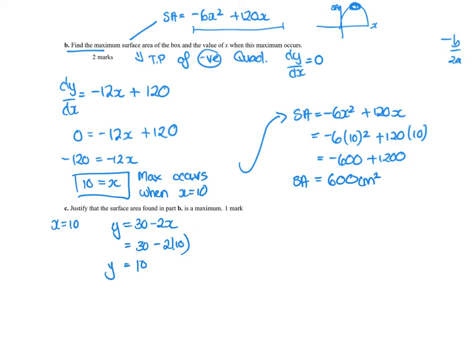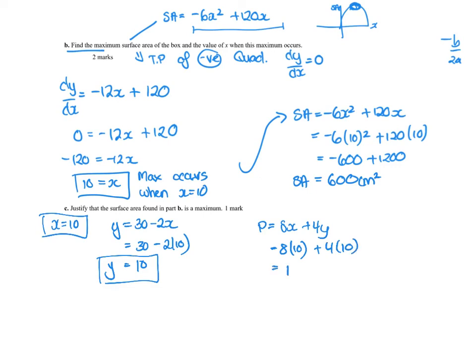So let's go test. If y equals 10 and x equals 10, and you knew the perimeter was 8x plus 4y, so 8 times 10 plus 4 times 10, does that give 120? Yeah, and that's what we said we had, so there you go. That one, just put anything to try and show that it matches. That one wasn't too important.